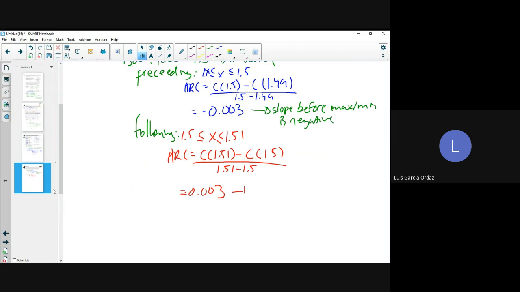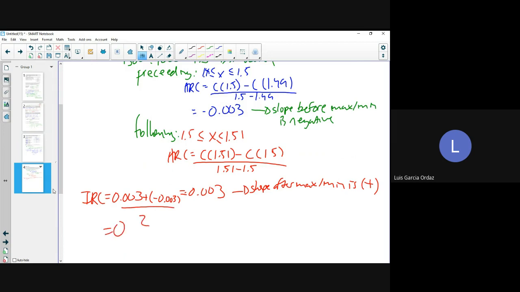Which means that the slope after the max/min is positive. So now to calculate the instantaneous rate of change, we take the average of both slopes. So 0.003 plus negative 0.003 divided by 2 gives us 0.